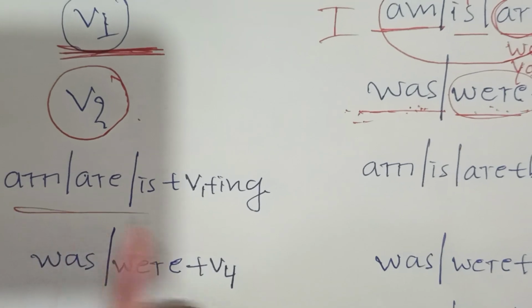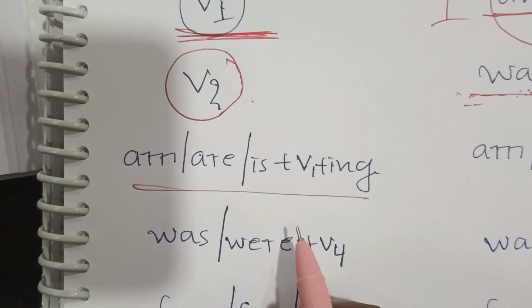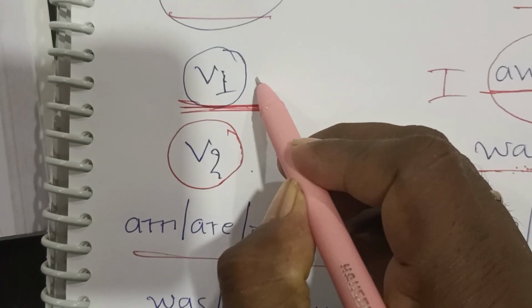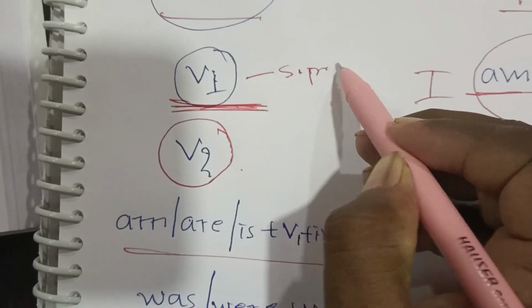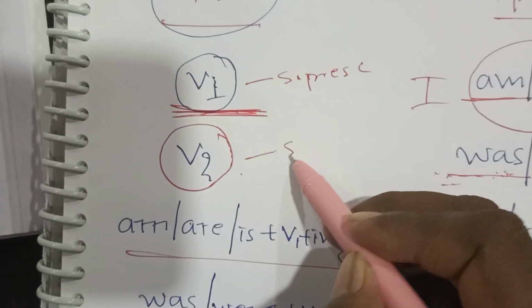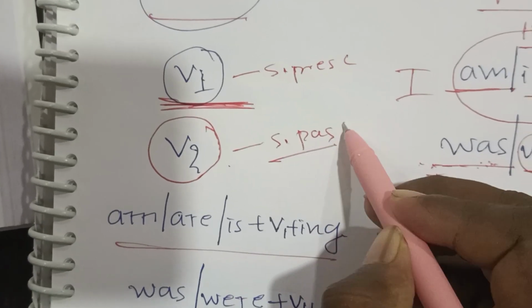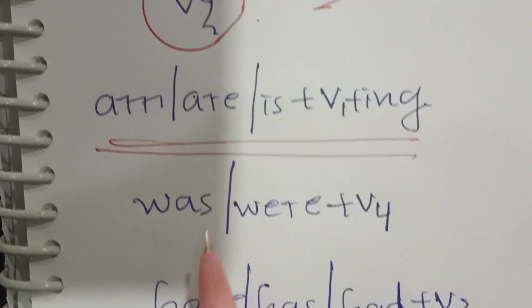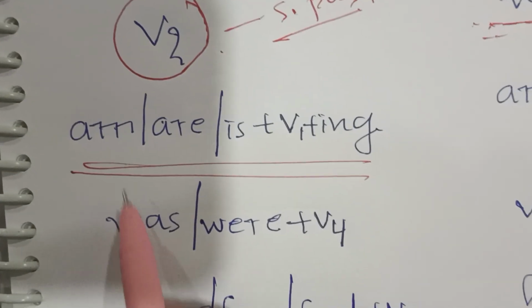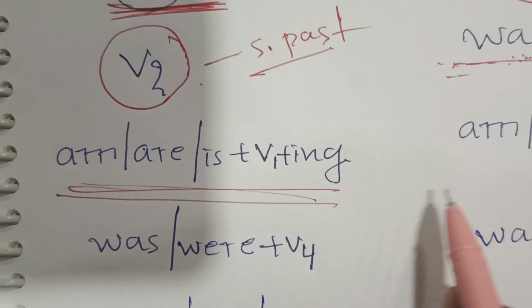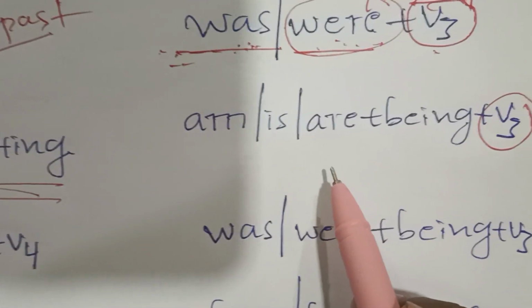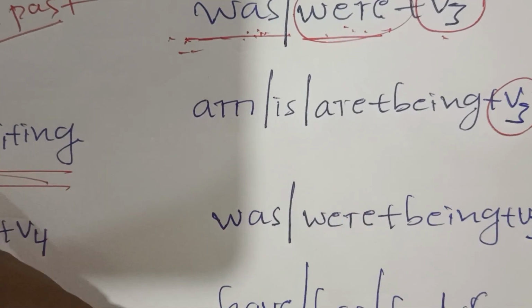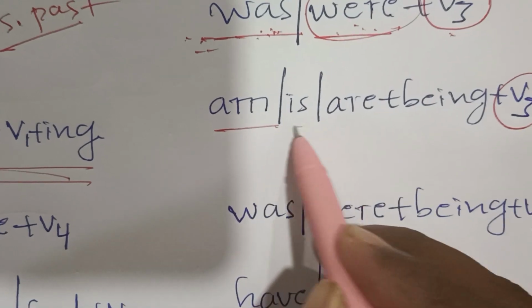Okay, so in active sentences, simple present tense, simple past tense. Now it is present continuous tense. So in passive voice, how to change? Same helping verbs will be used.